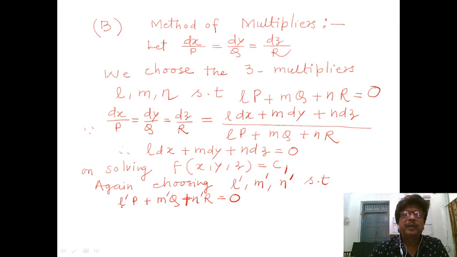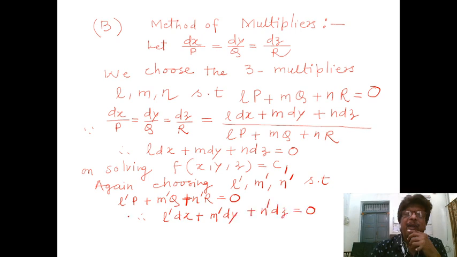If this is 0, therefore similarly L dash dx plus M dash dy plus N dash dz equal to 0.